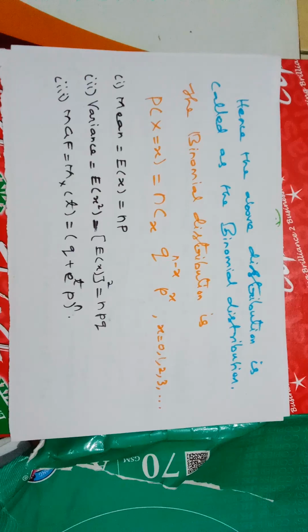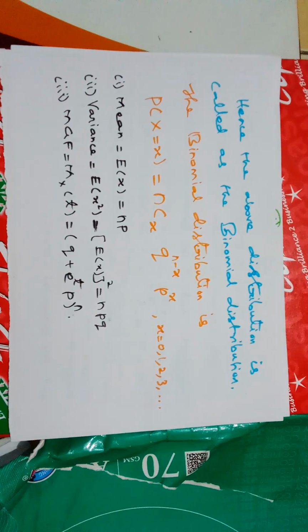Hence, the above distribution is called a binomial distribution. The binomial distribution is p of x equal to nCx q^(n-x) p^x, where x varies from 0 to n, isn't it?